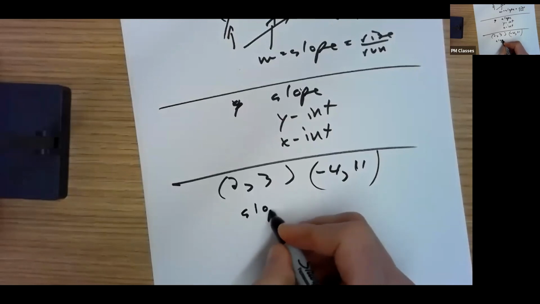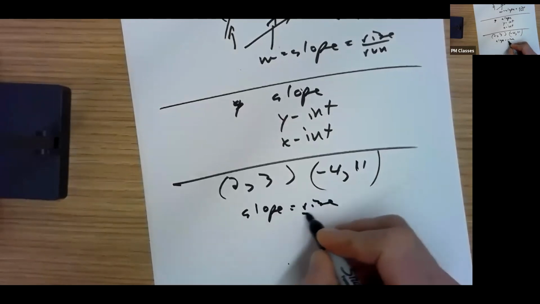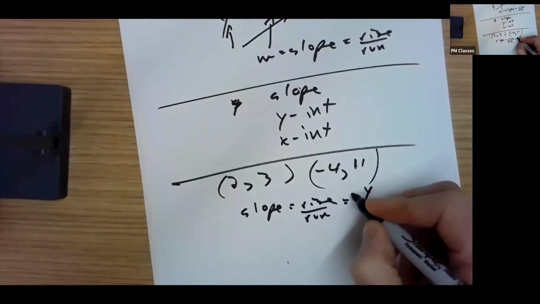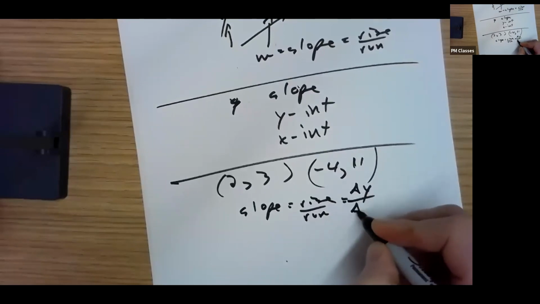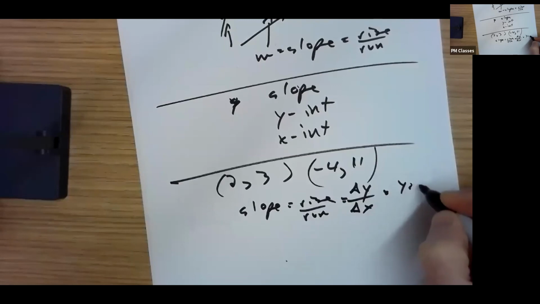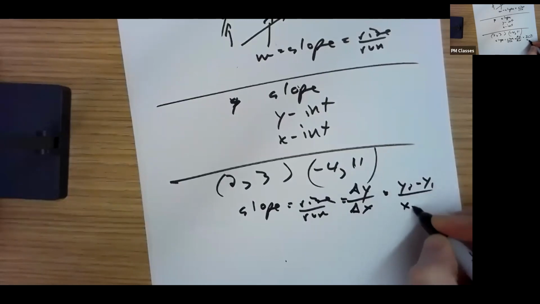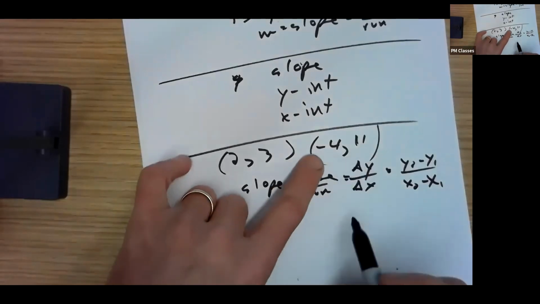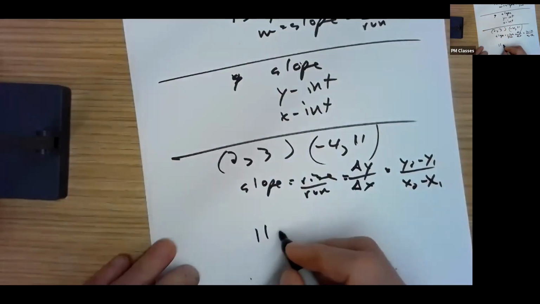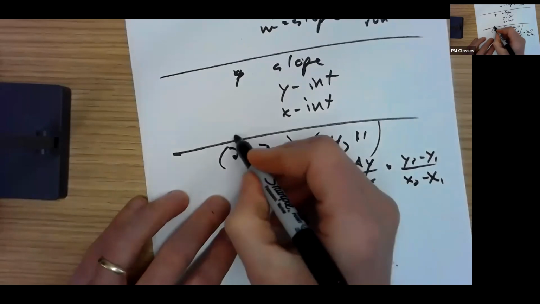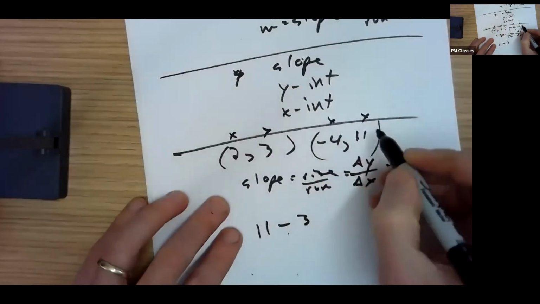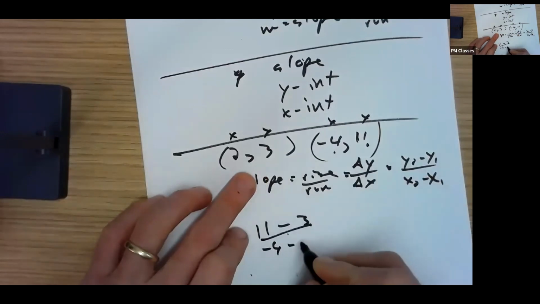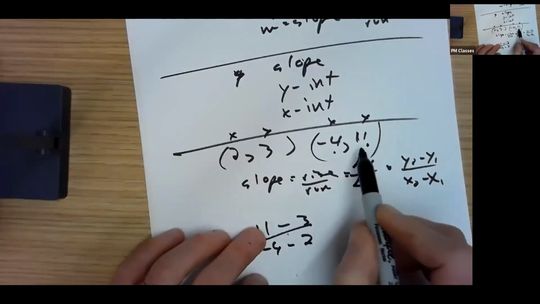Slope, again, is the rise over the run, the change in y over the change in x, some use delta y over delta x, or y2 minus y1 over x2 minus x1. So we'll do y2, 11, minus 3. So again, x point, y point, x point, y point, 11 minus 3 over minus 4 minus 2. So be careful you go the same direction.